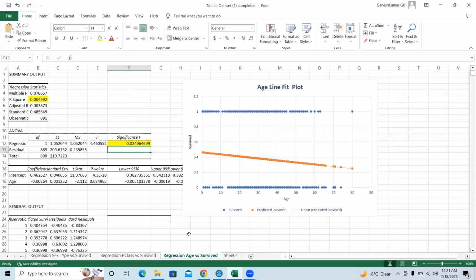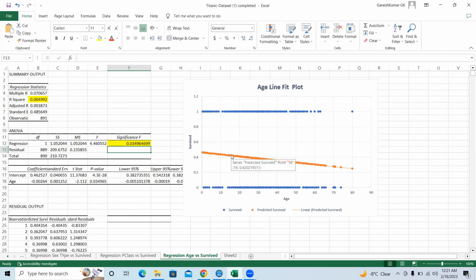And when it comes to age versus the survival rate, we can see the survival rate is still two values. I mean, it can either lay on one or zero, not survived or survived. But as you can see, there are people of different ages.